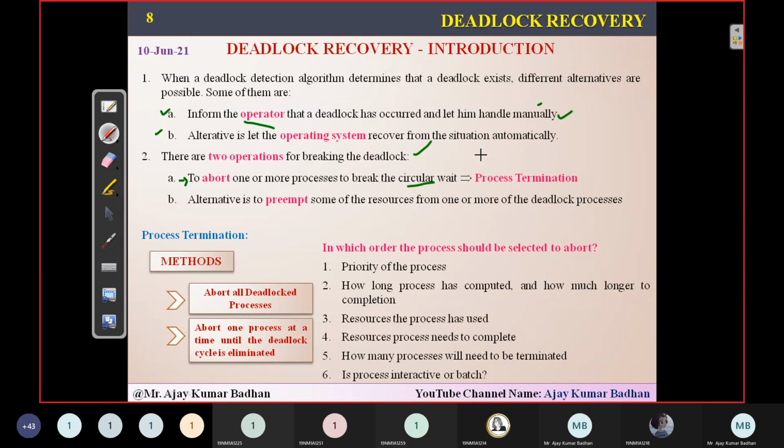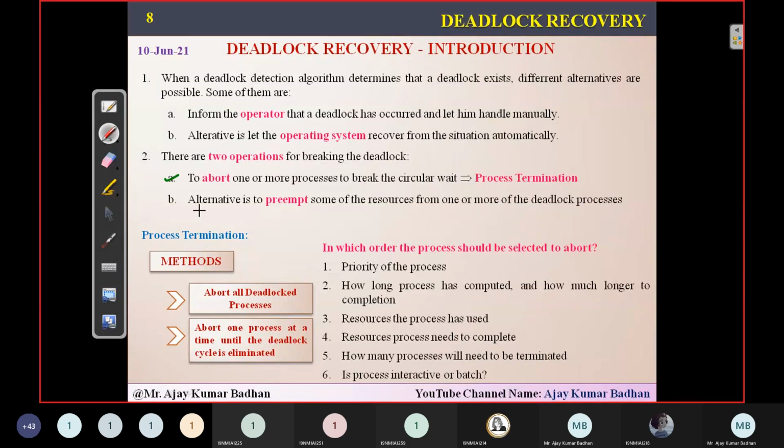Earlier we had a deadlock state with P1, P2, P3, and P4 in the previous example. So any one or two of the processes, it will try to remove. It will terminate those processes so that the resources we get can be given to the others, they can complete, and then we will give processes P3 and P4 the chance to execute. This is exactly how it works. That is one alternative an operating system takes into account to break the deadlock.